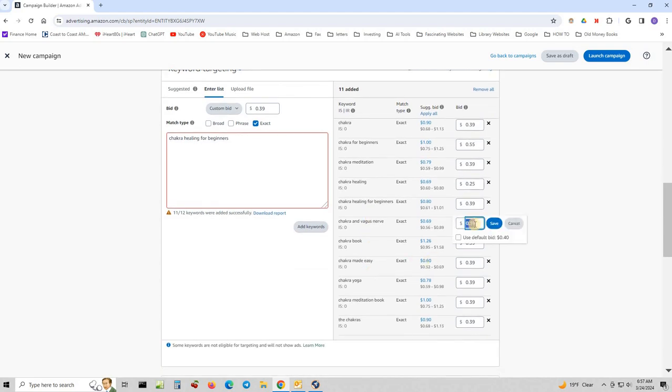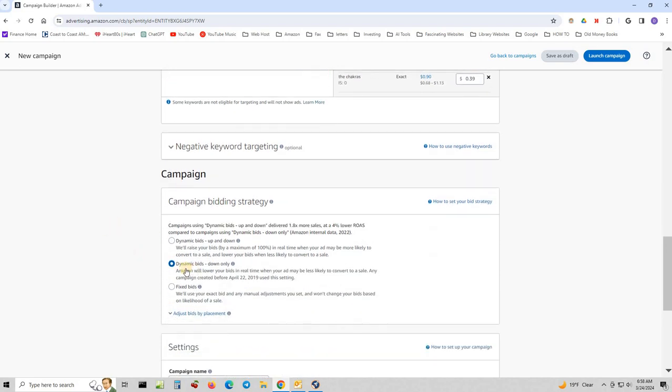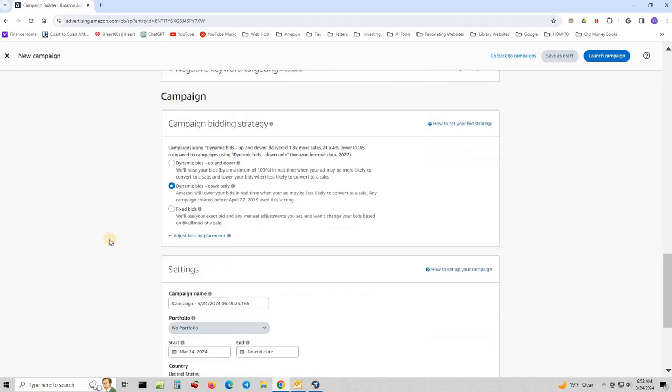This one too, we're going to lower to 24 cents, just because I don't have anything about vagus nerve in there, but they are related, and I do have a vagus nerve book. And the yoga too, I'm going to lower that to 22 cents because there's really nothing about yoga in my book, but it's still compatible.